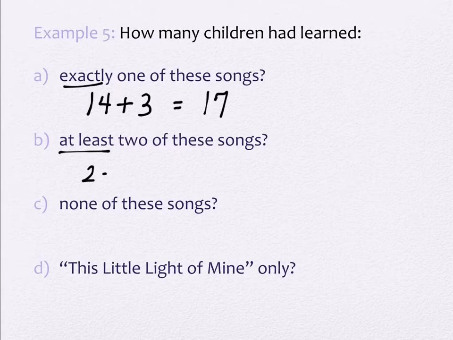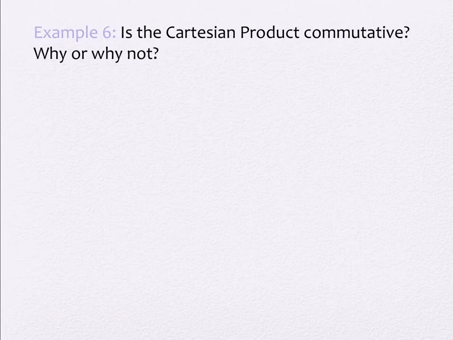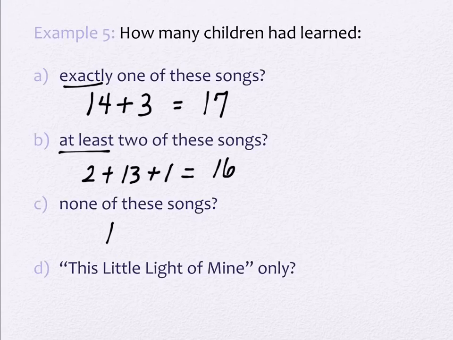So I have 2 plus 13 plus 1 for a total of 16. And how many had none of these songs? That one's 1. How about This Little Light of Mine only? Is that 14? Yes. That one was 14 here, the outer part of the Light of Mine circle.